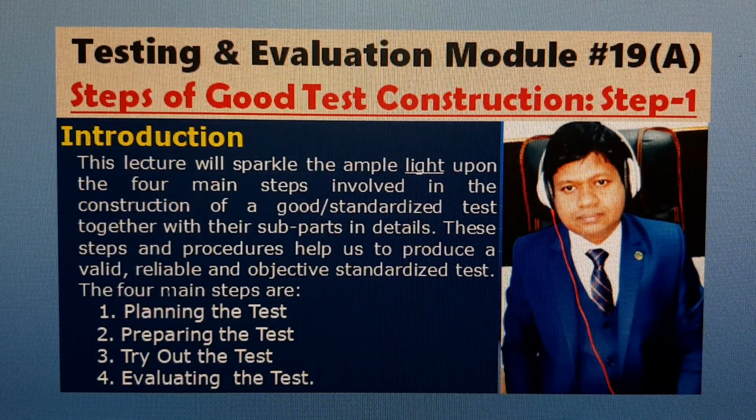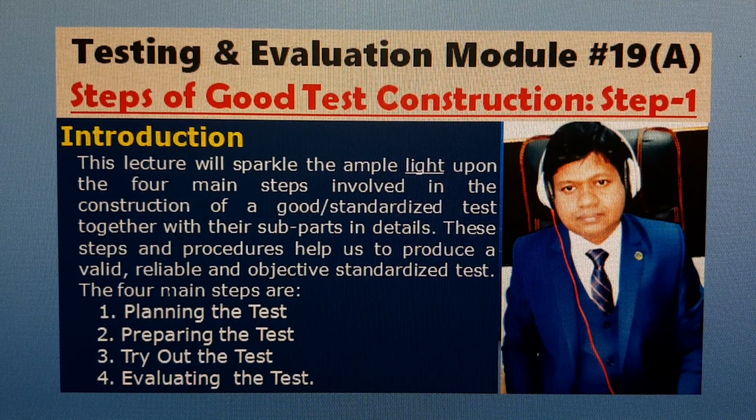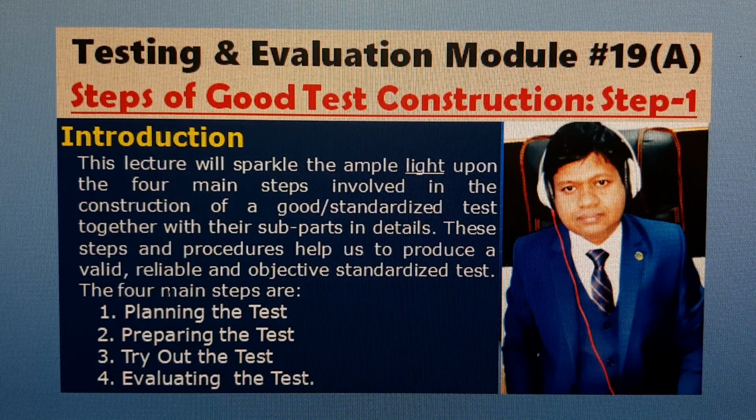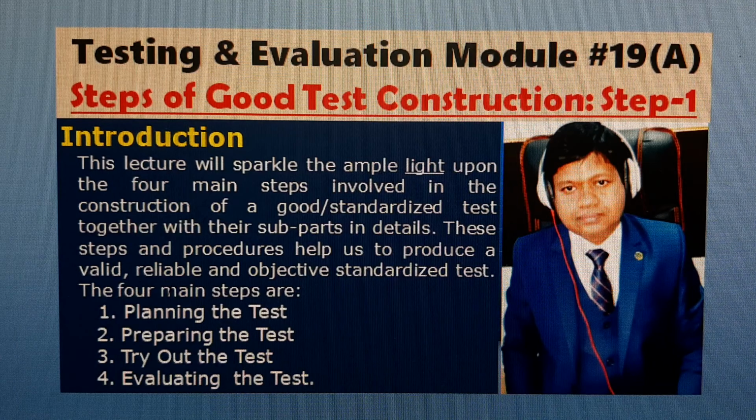Step 1. Planning the test and statement of the problem. Planning of the test is the first important step in the test construction. The main goal of evaluation procedure is to collect valid, reliable, objective and useful data about the student.